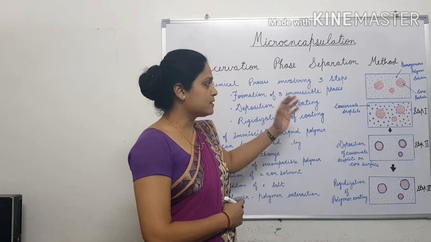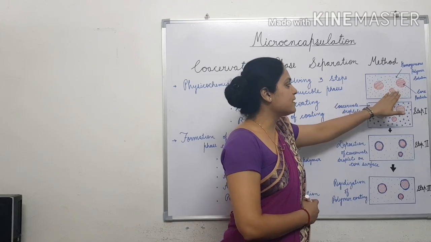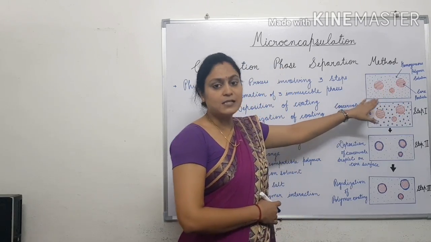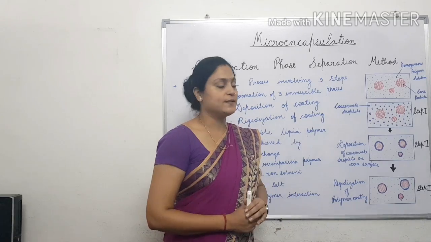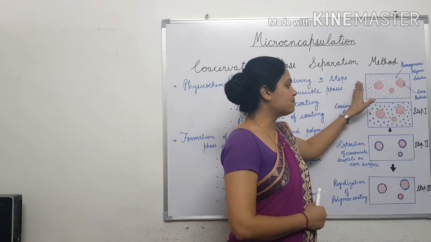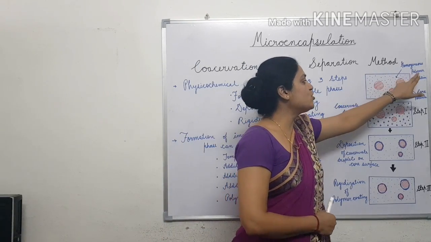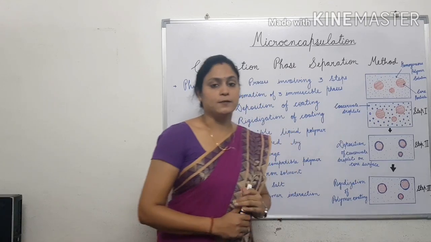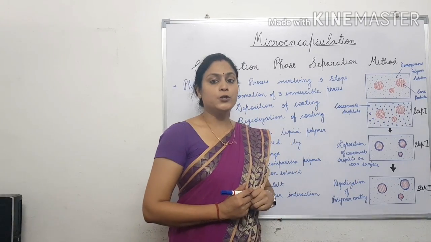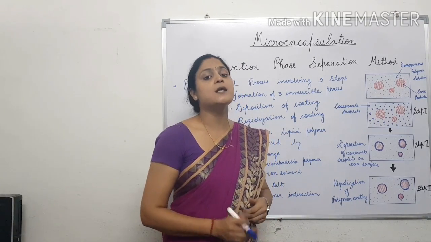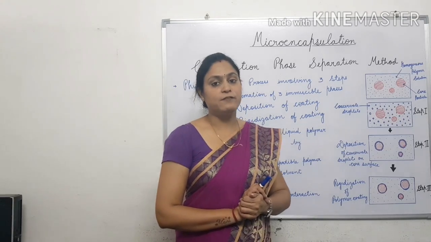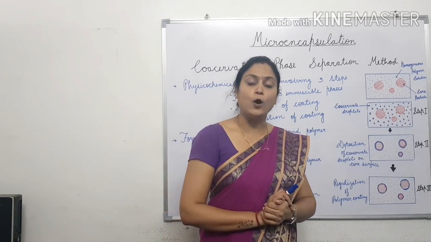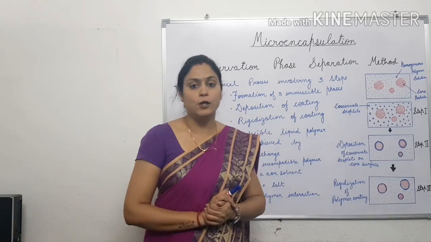Initially, what happens? The core materials or API, which are to be microencapsulated, are first dispersed in the homogeneous polymer solution. I say polymer solution because here the solvent for the polymer is the liquid manufacturing vehicle, in which the polymer is freely soluble.